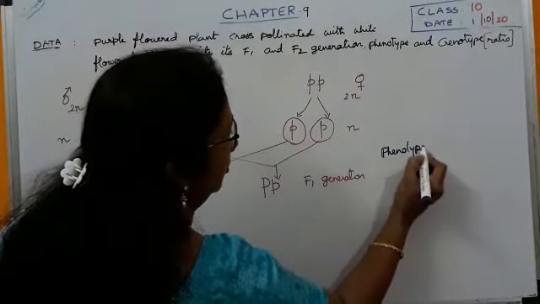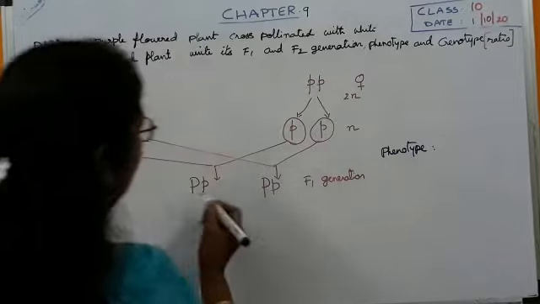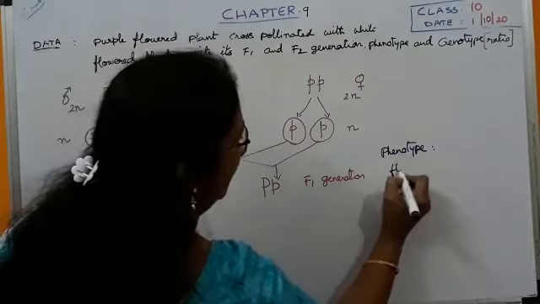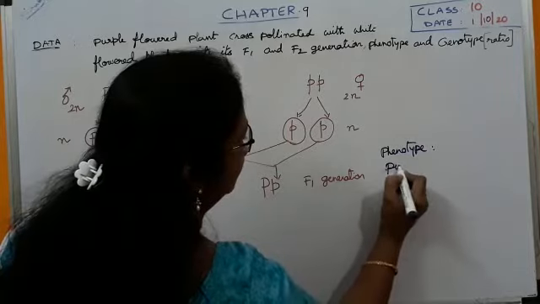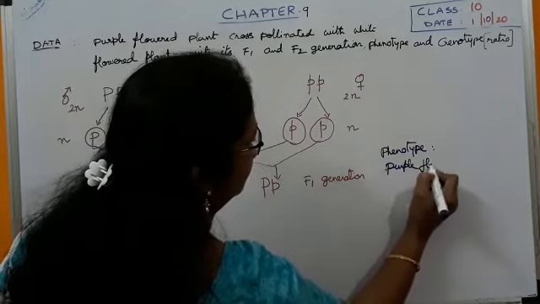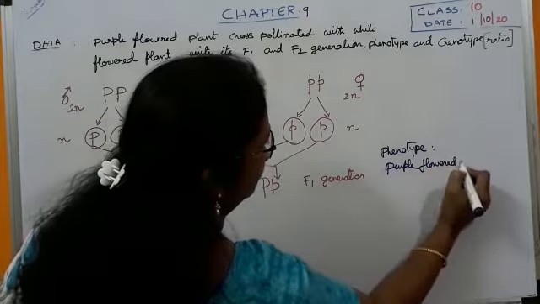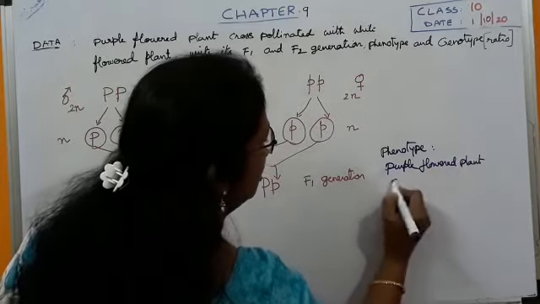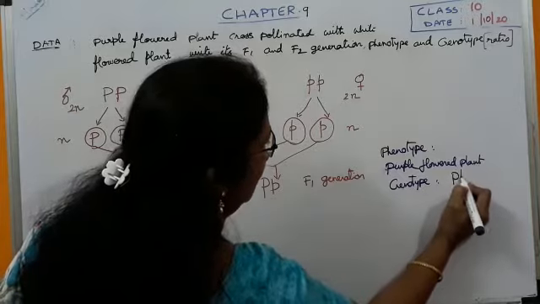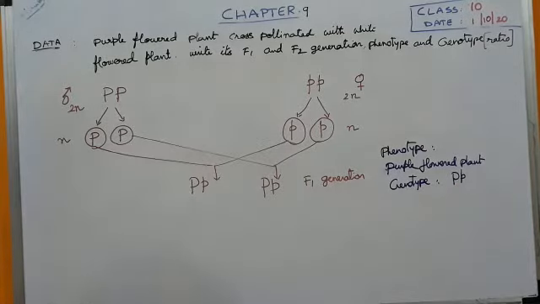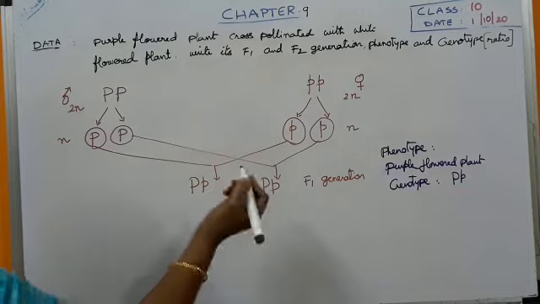Can you guess? The phenotype is purple flowered. What is its genotype? The genotype is capital P, small p. Okay, this is the F1 generation.